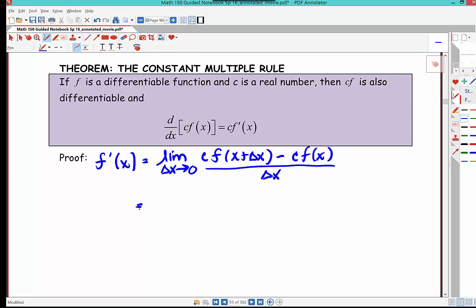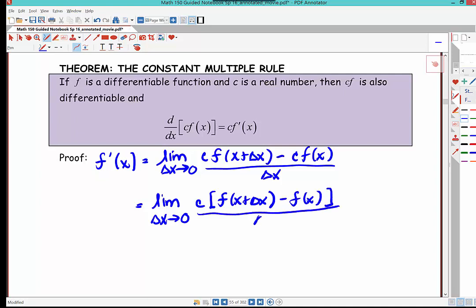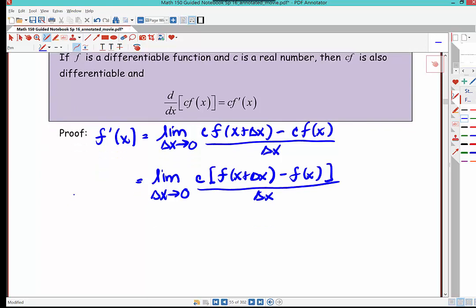Do you see where you can factor out a c? So we'll have the limit as delta x approaches 0 of c times f of x plus delta x minus f of x, all over delta x.